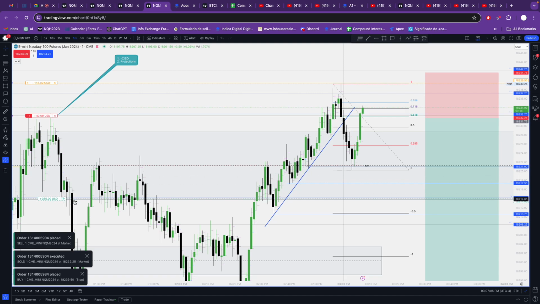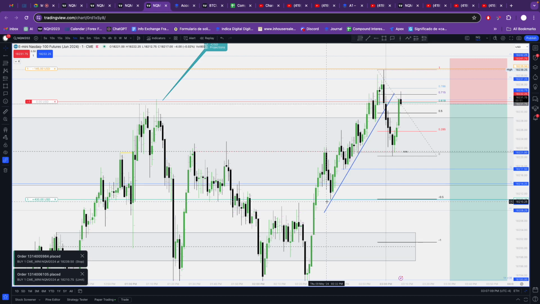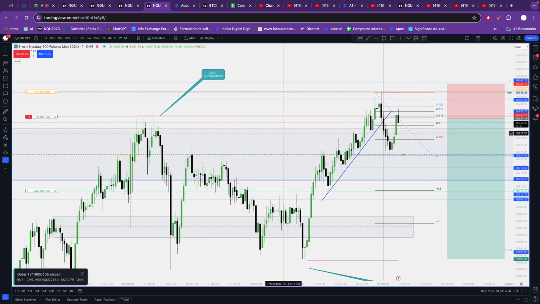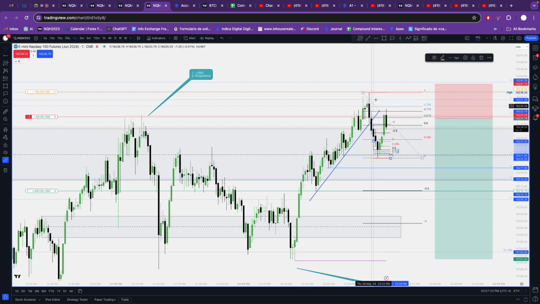Definitely coming for these highs, but I want to go for these lows down here. I'm selling. I want to short this optimal trade entry right here. No, you can. You still have some room, I think.